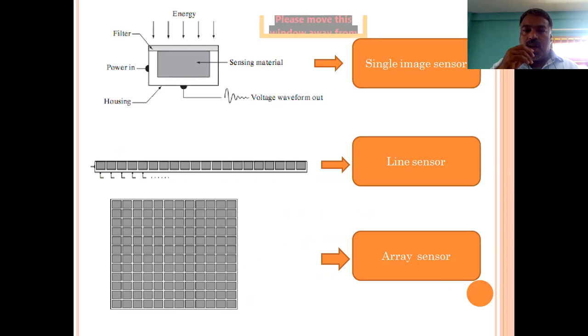Like a human eye, to capture digital images the same way we implement the digital device with the help of sensors, carried out by the sensing unit in the digital devices. So it is arranged as a single image sensor, linear sensor and array sensor, which is applied in various domains to capture the image.